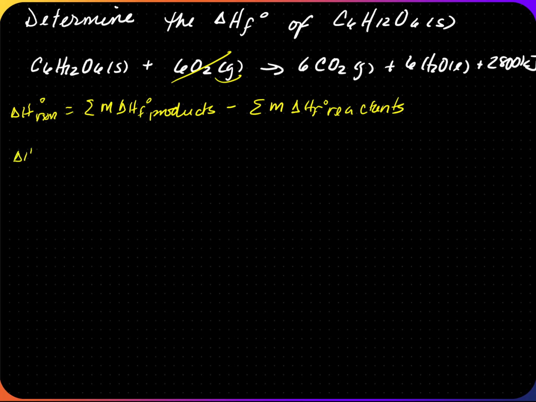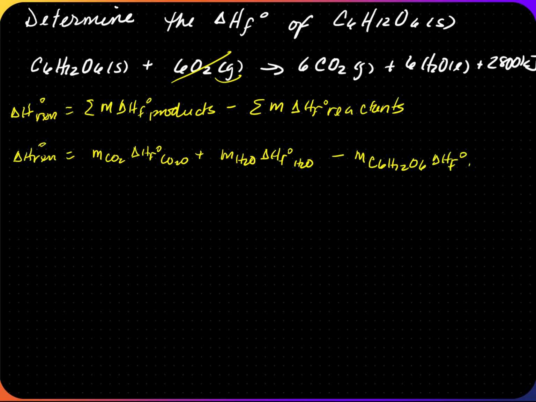Here our equation becomes the moles of CO2 times delta H_f° of CO2, plus moles of water times delta H_f° of water, minus the moles of glucose times the delta H_f° of glucose.